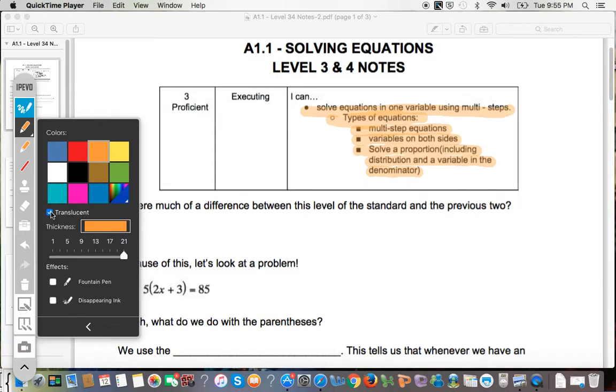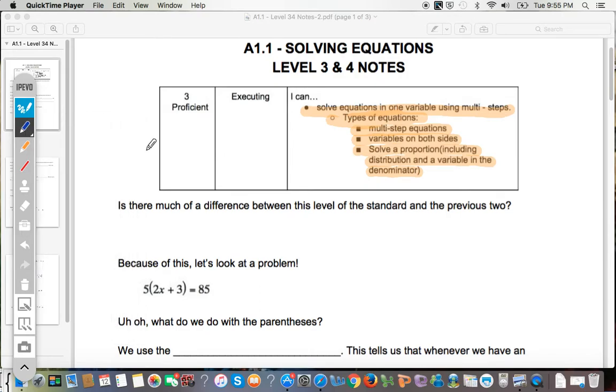Okay, so let me get my pen here. We can get started. So, is there much of a difference between this level of the standard and the previous two? As we just said, no. We are still trying to isolate. Remember, isolate means to get our variable by itself.